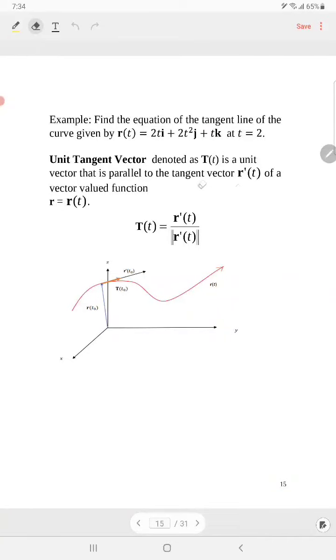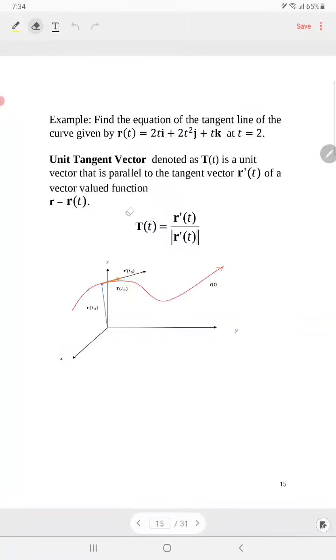Remember tangent vector is r prime, and if you replace t with a certain value, that would give you the tangent vector at that point. So unit tangent vector denoted as T is a unit vector that is parallel to the tangent vector r prime of a vector valued function r. Remember, for unit tangent vector, the magnitude is 1.